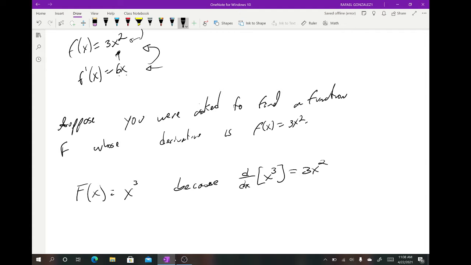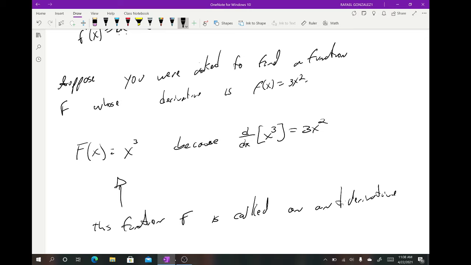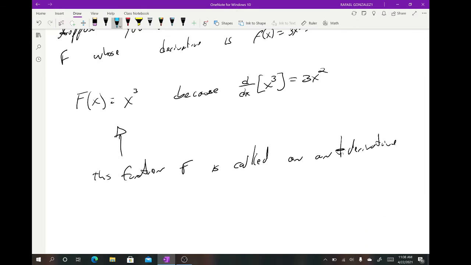So this function F is called an antiderivative. Now notice that I'm saying the word an and not the antiderivative.